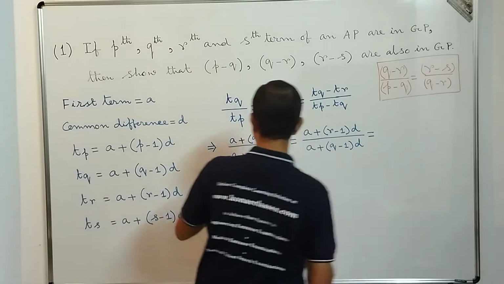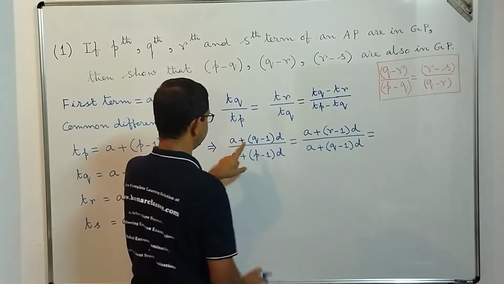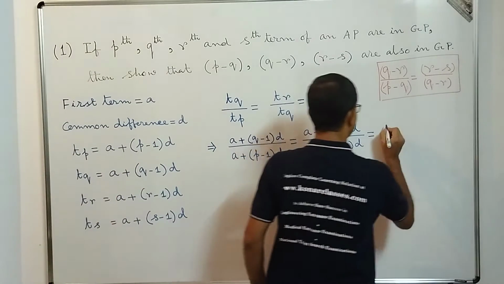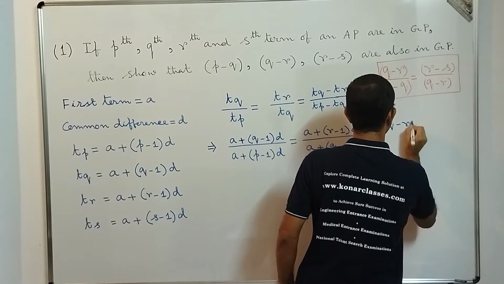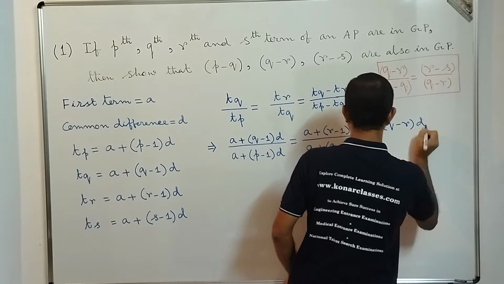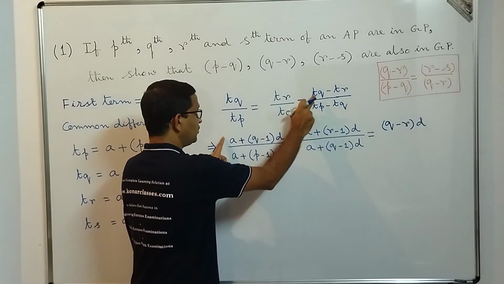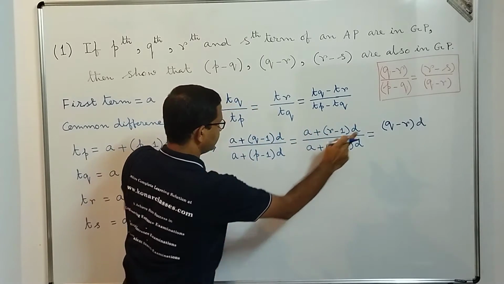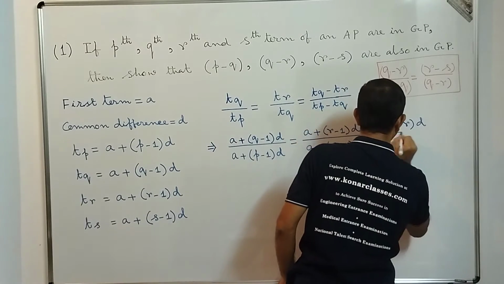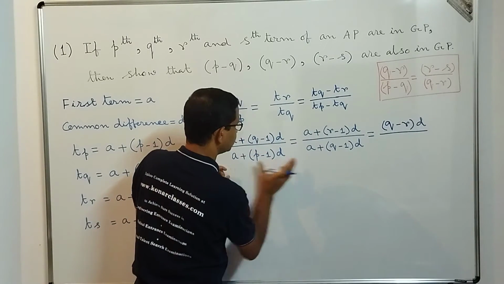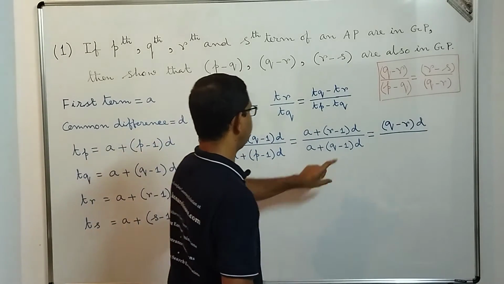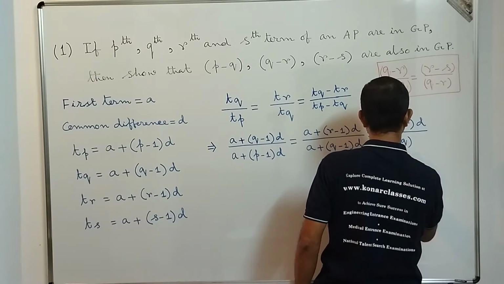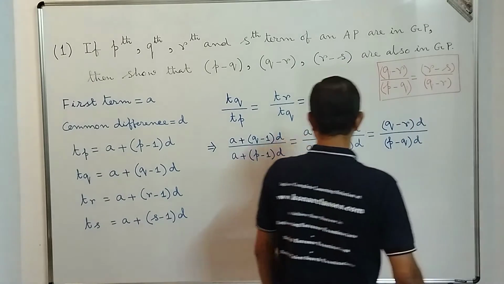So that should be equal to what? This minus this. So A and A will get cancelled, so it becomes Q minus R into D. Remember, TQ minus TR, that means this entire expression minus this one, that is Q minus R into D, divided by this entire expression minus this one, that means it will be P minus Q into D, correct?